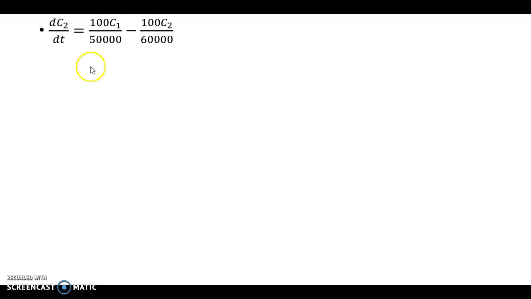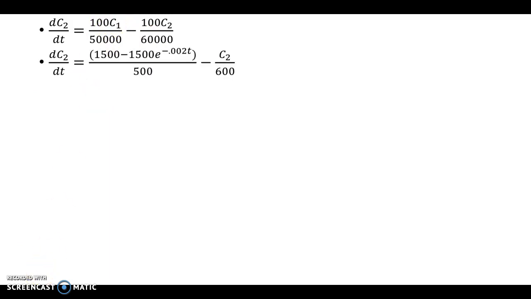So now what I'm going to do for the second system is, I now know what C1 is equal to, so I'm going to make a substitution. So I know that C1 is equal to, let's see here, we simultaneously make this reduction. I've canceled out a couple of zeros here to make it simpler to work with.